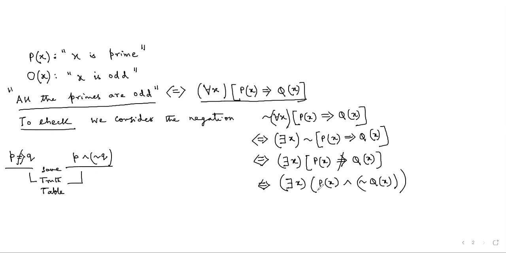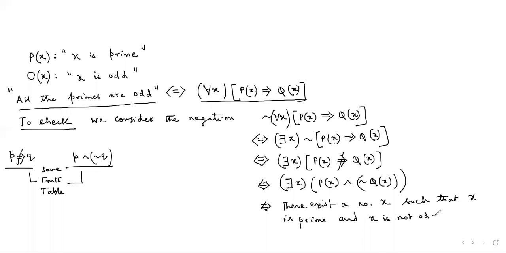So what is it actually saying? It is saying that there exists a number x such that x is prime and x is not odd.